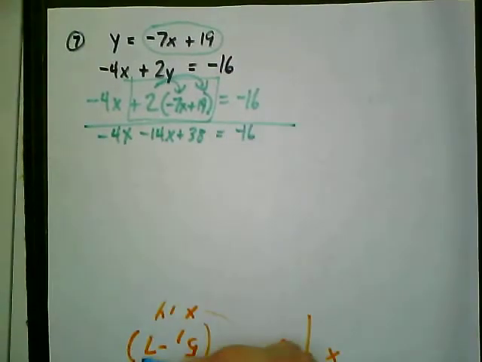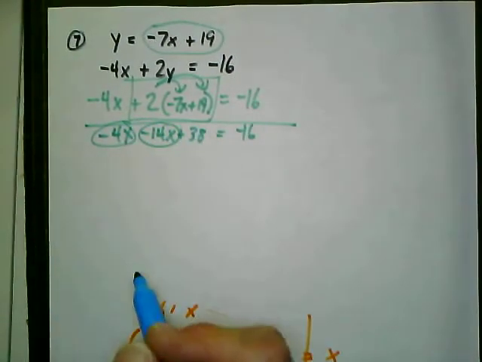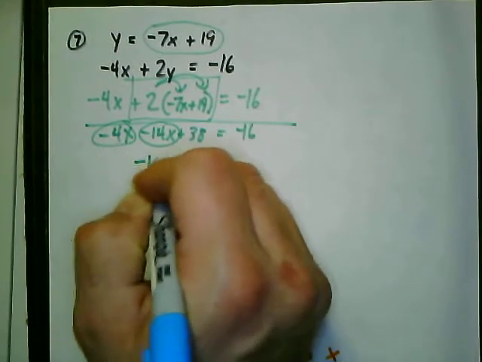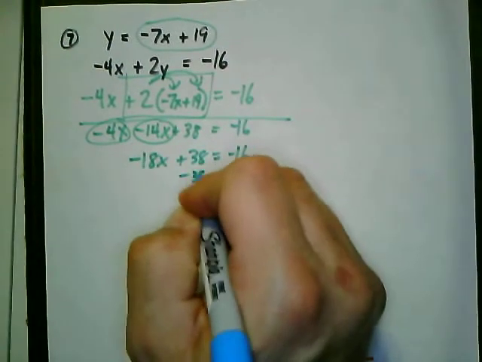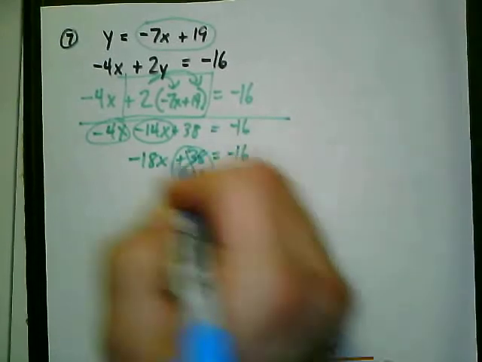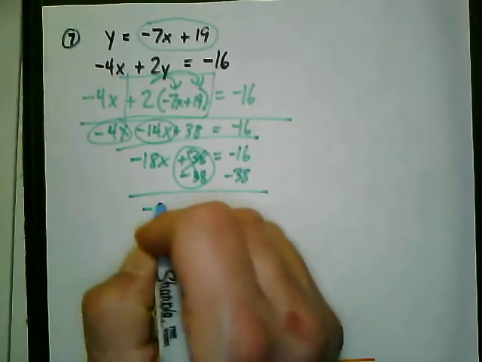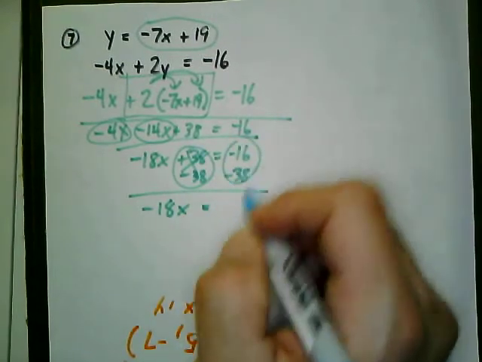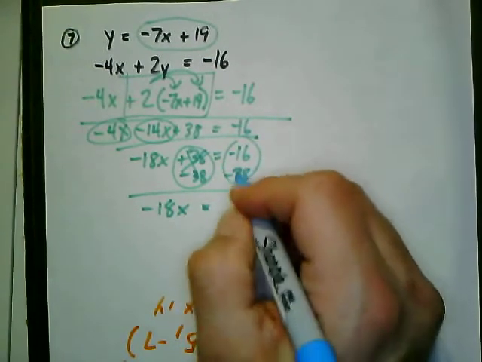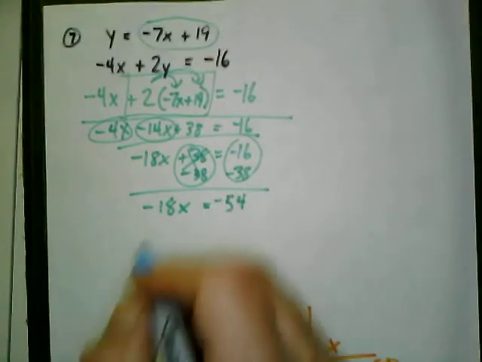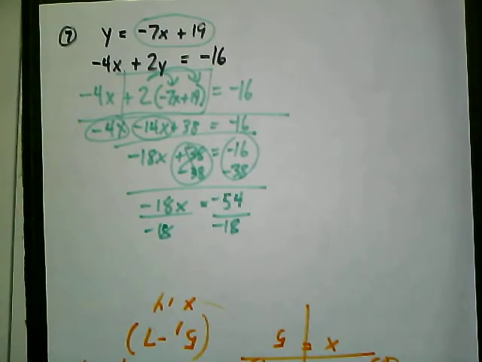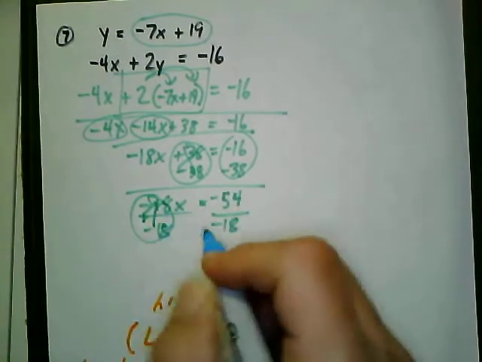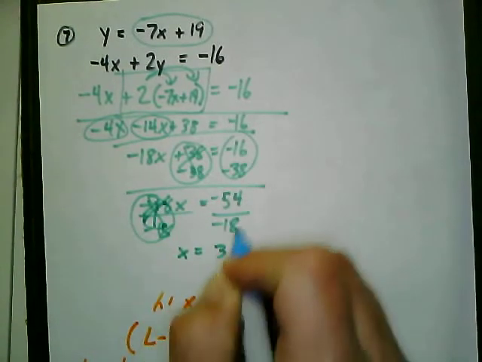Bring everything else down. Combine like terms. Negative 4, negative 14, negative 18x plus 38 equals negative 16. Subtract the 38 from both sides. Negative 18x equals negative 54. And of course, divide that by negative 18 is 3. These two disappear, left with x equals 3.